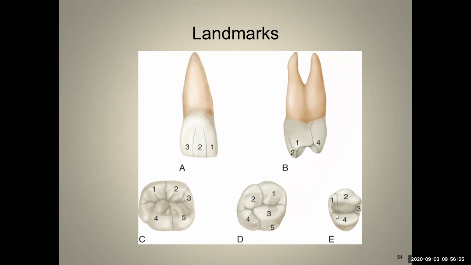So it all depends. I don't know how they do it. I'm not going to ask you what the fifth lobe is, or what lobe number two is, unless I want number two to be labeled as the distobuccal lobe, because this is the distobuccal on D versus four is the distobuccal on C. Okay, so the number doesn't matter. You just need to know what the lobe means. Yes. Okay, all right. Thank you very much.